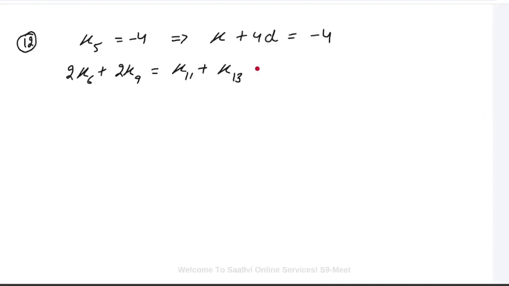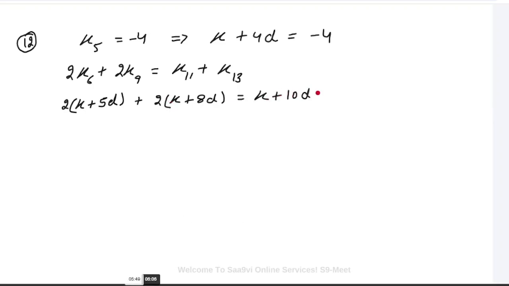Now this equation can be written as twice of x plus 5d plus twice of x plus 8d, that is equal to x plus 10d plus x plus 12d.